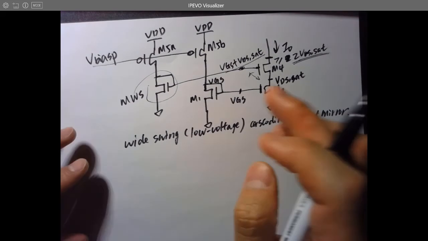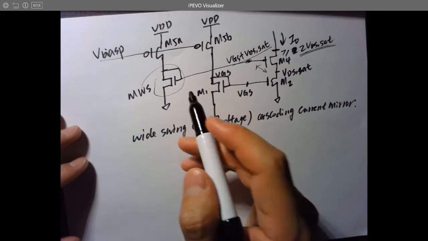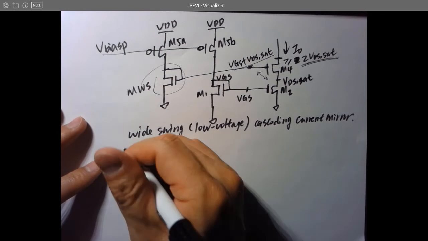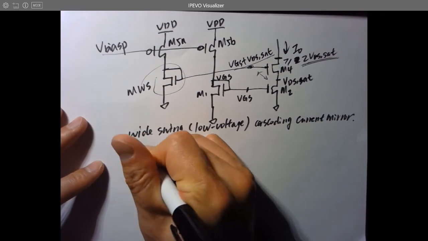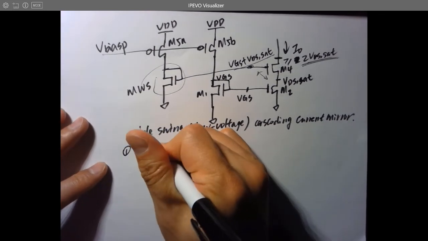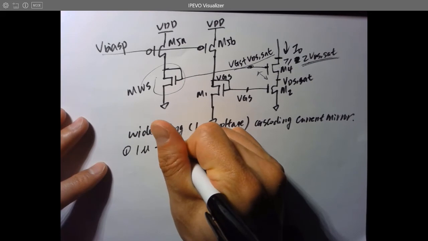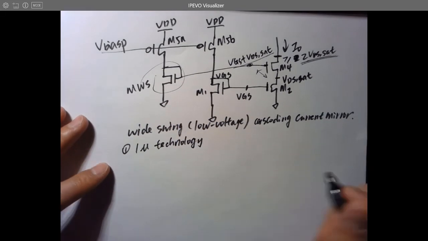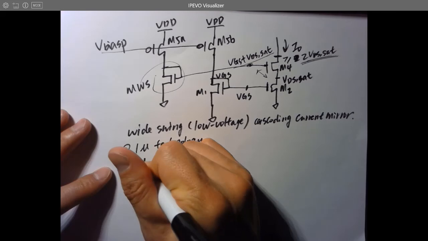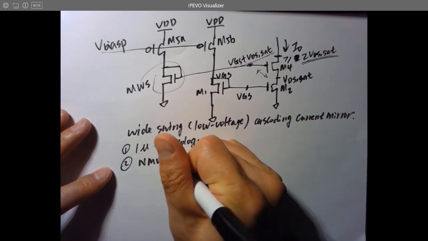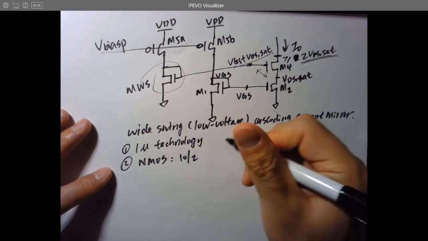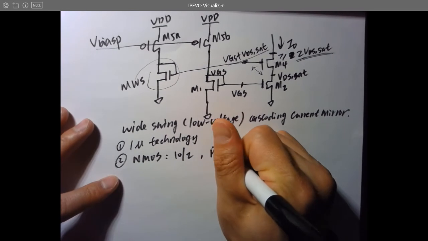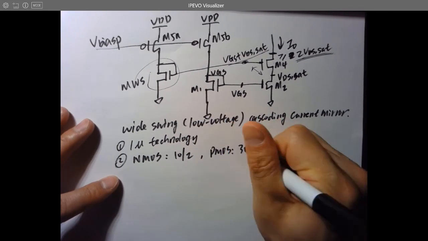Right, and in this circuit, the parameters are like this. So this is 1 micrometer technology, and all the NMOS has a size of 10/2, 10 micrometers over 2 micrometers, and PMOS has 30/2 for the size.